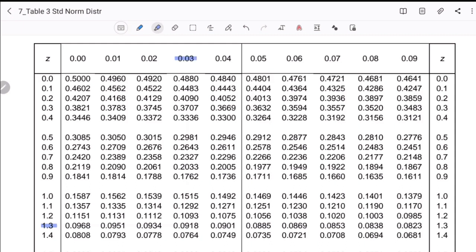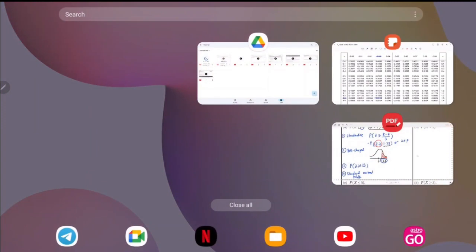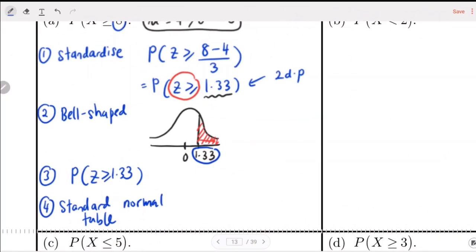So for 1.33, the value is here, which is 0.0918. So there are 4 steps to find the probability for normal distribution.